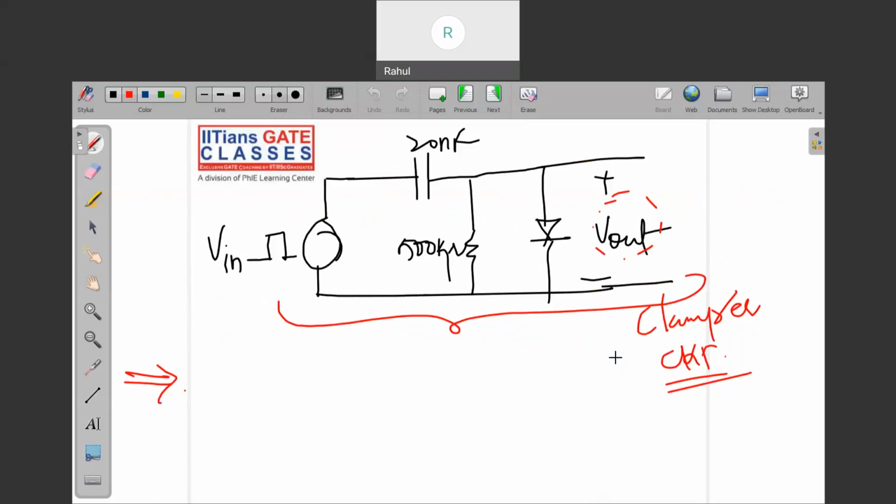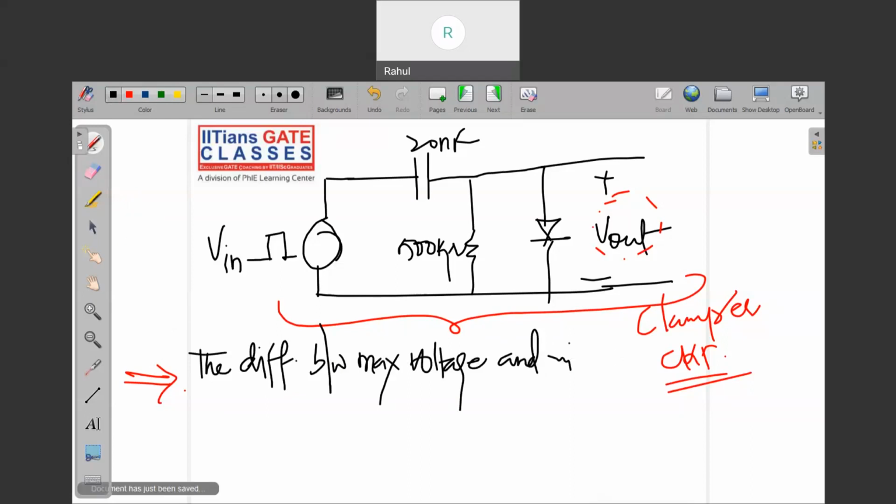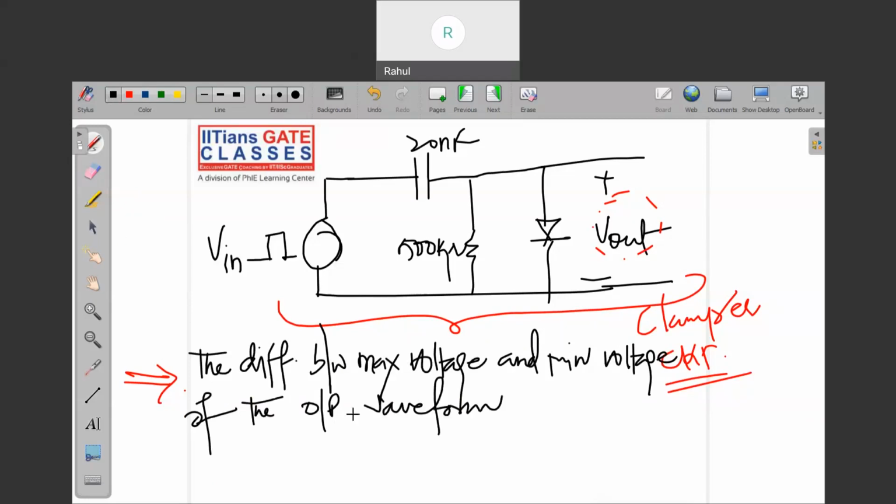The question they have asked is the difference between the maximum voltage and minimum voltage of the output waveform, V naught.